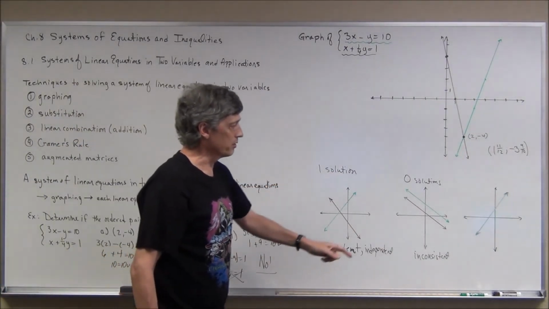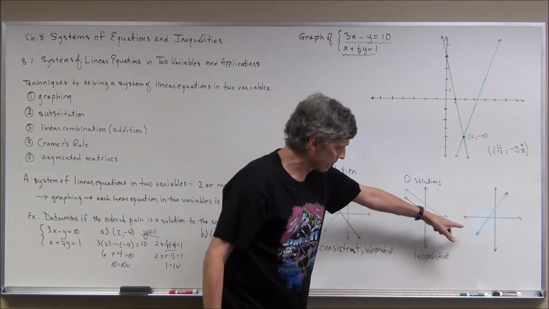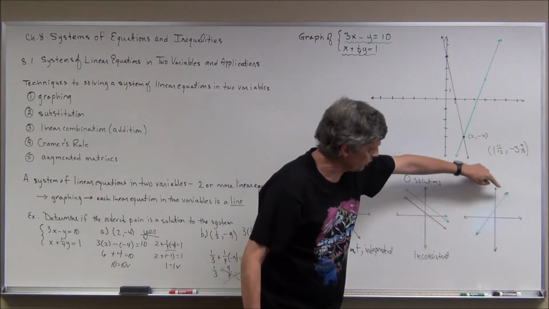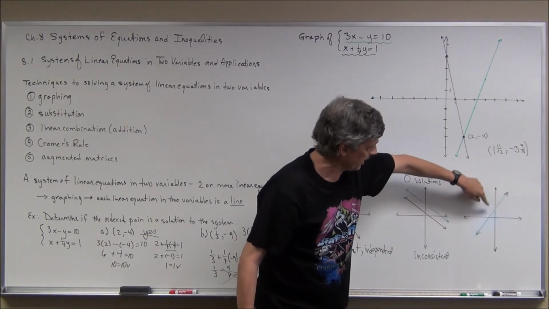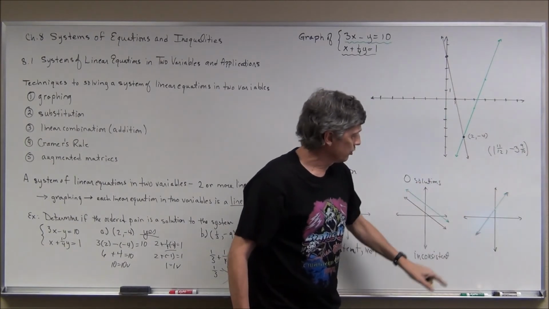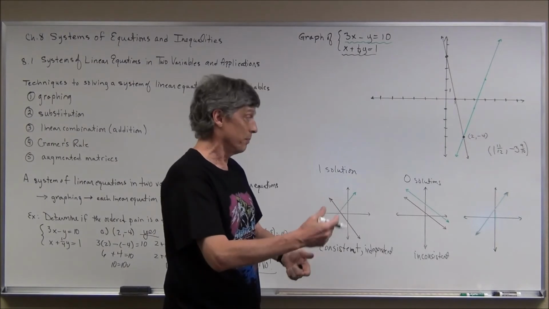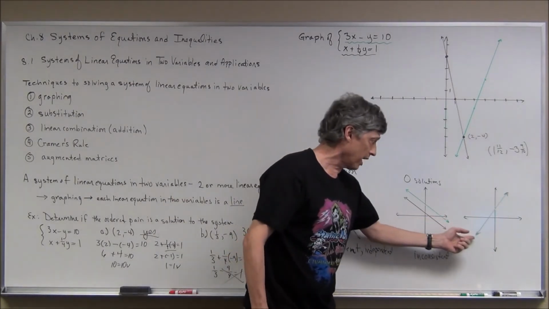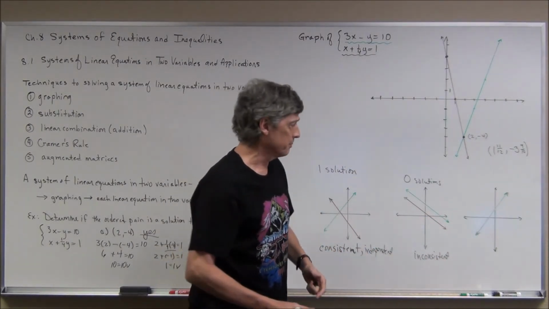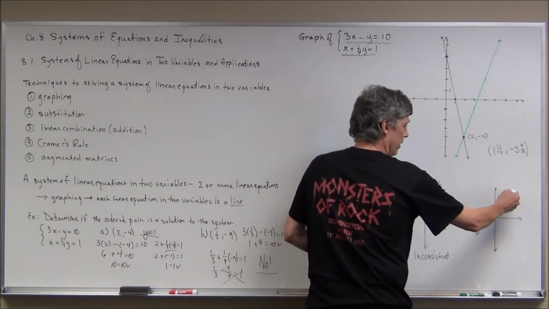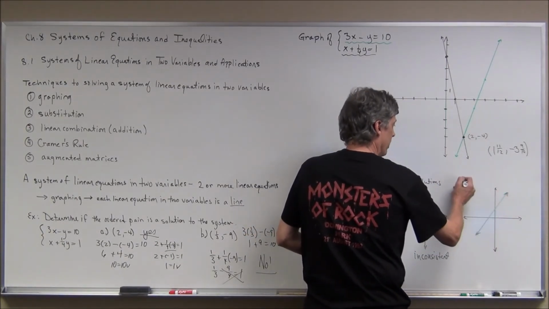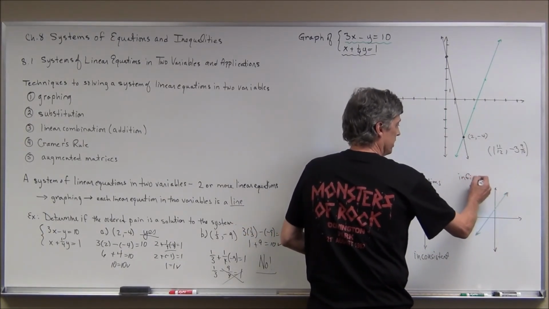Now it looks like I only graphed one line because you can't probably see that I tried to draw both lines on exactly the same line. I have green and brown arrows to indicate that I have two different lines that turn out to be the same line, that they coincide. And what that means is every point on the one line is a point on the other. There are infinitely many solutions.